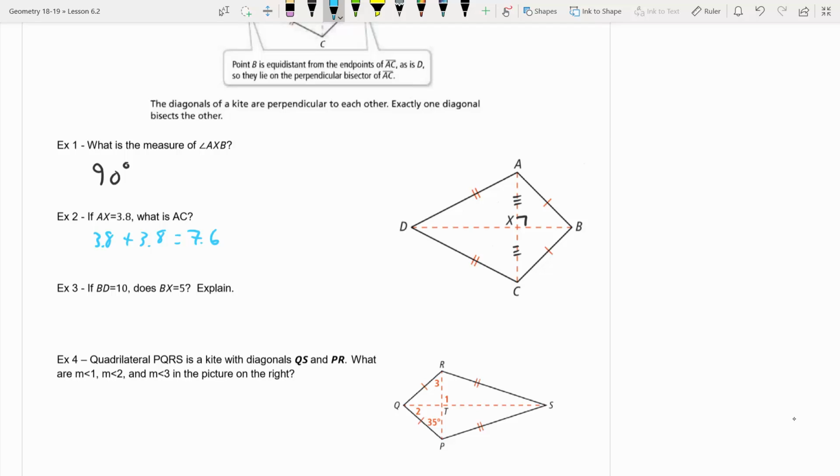But if you look closely, BX and DX are nowhere near the same size. So no, because of these being different side measures, we don't have a perpendicular bisector. So in other words, AC is not a perpendicular bisector of DB.